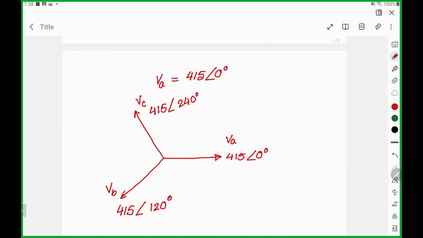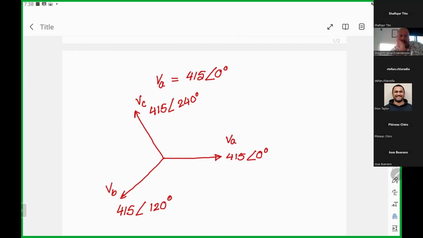So that's what I was telling you, this is the positive sequence. This one is C, but this one is not 120, so I have written it wrong here.